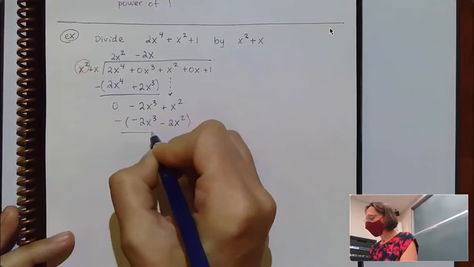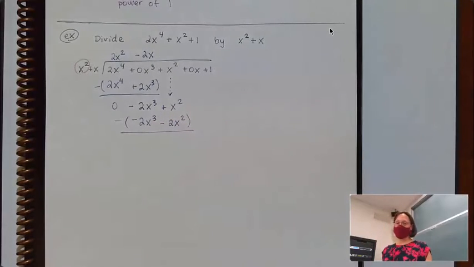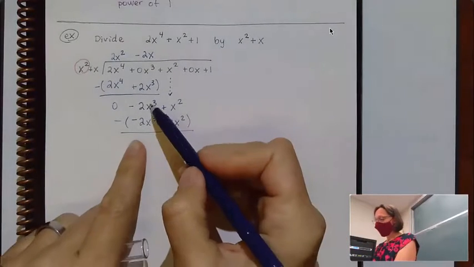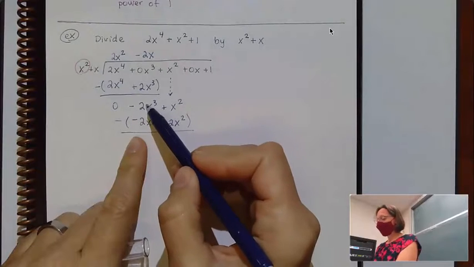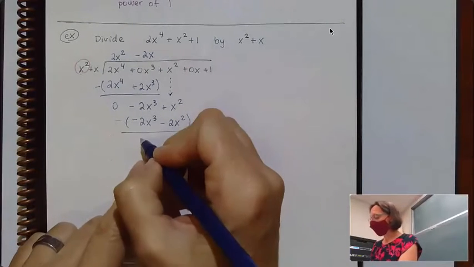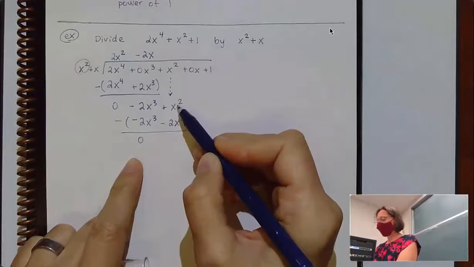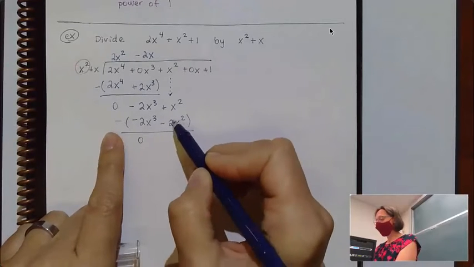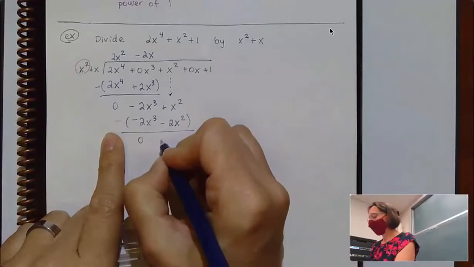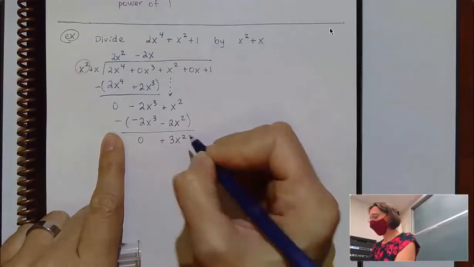I'm subtracting that whole thing, lots of minus signs in there. But negative 2x cubed minus negative 2x cubed is 0. And 1x squared minus negative 2x squared would give me a positive 3x squared.